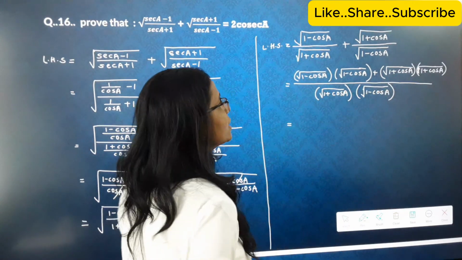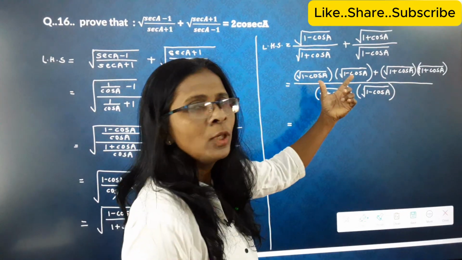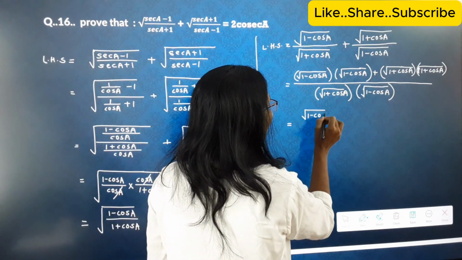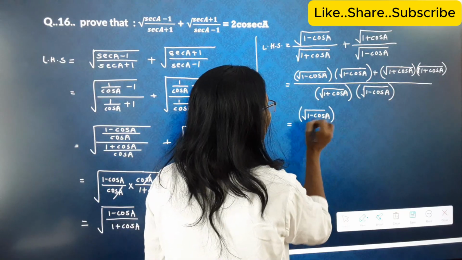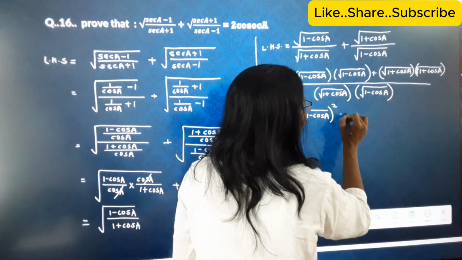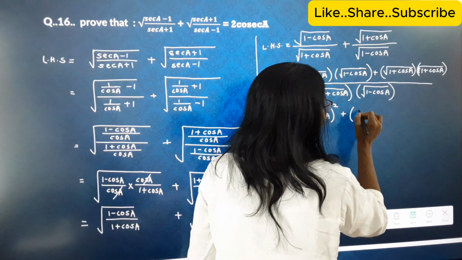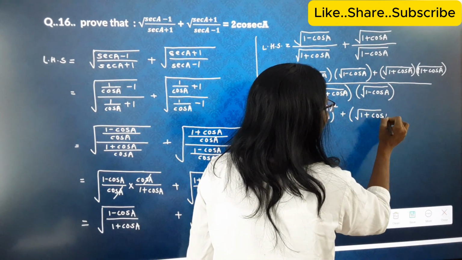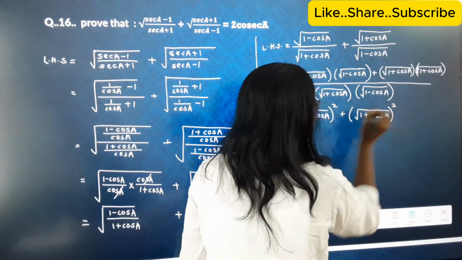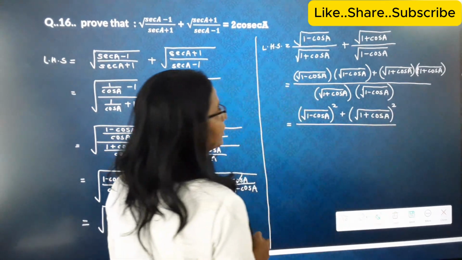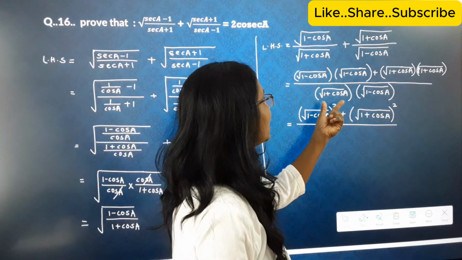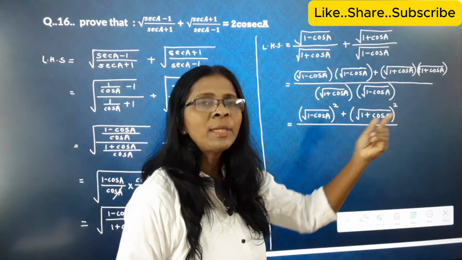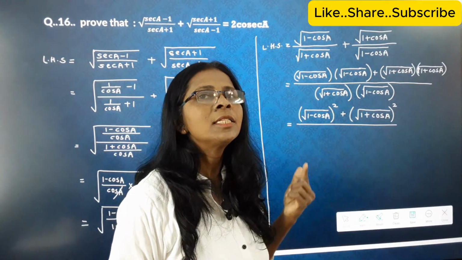Then here see students, both the brackets are the same, so that means square root of 1 minus cos A whole bracket square. Here plus, here also both the brackets are the same, so square root 1 plus cos A whole bracket square, divided by. So now here it is in the 1 plus cos A and 1 minus cos A, that means the A plus B and A minus B form.